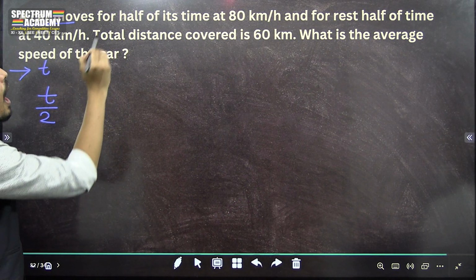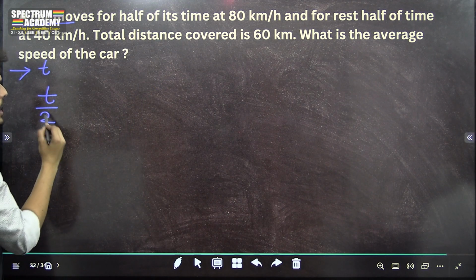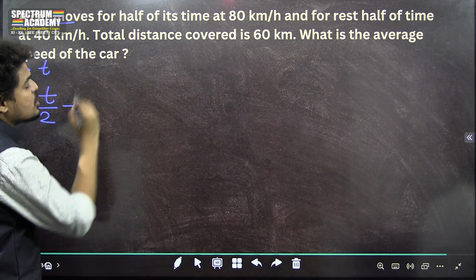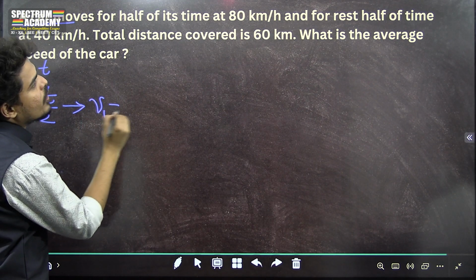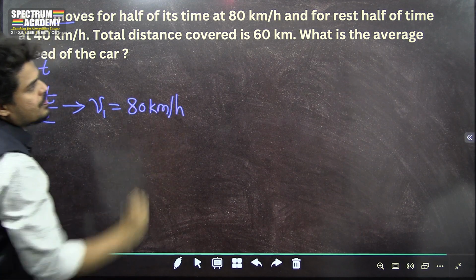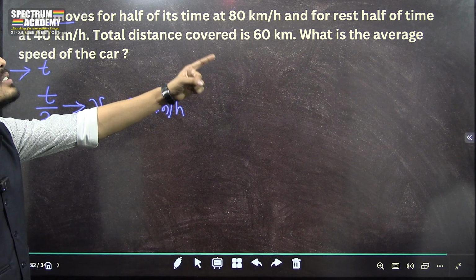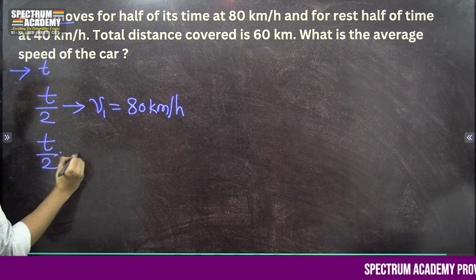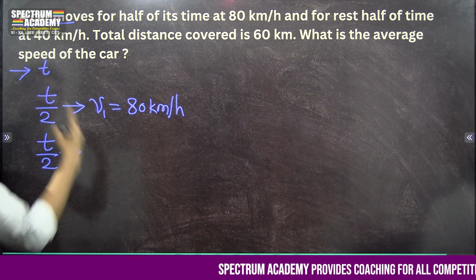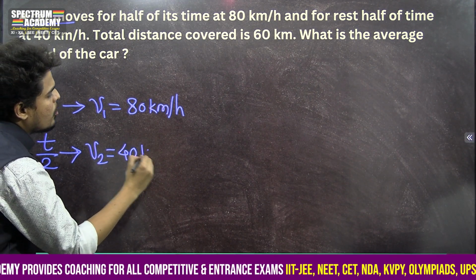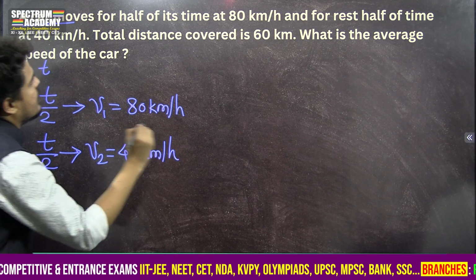Then in half of its time means in t by 2 at speed, velocity हमें दी है यानी speed दिया है, so v1 equals to 8 kilometer per hour, and for rest half of its time यानी next half of its time the car is traveling with v2 equals to 40 kilometer per hour.